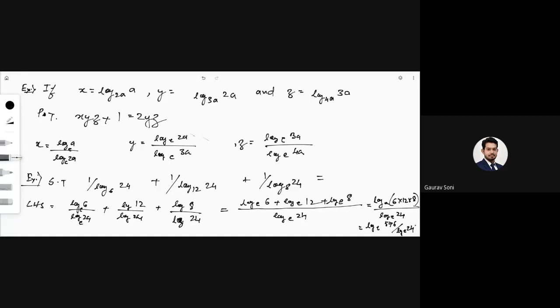So 24 into 24 is 576. So log of 24 square upon log of 24. Again use the property of log. Log 24 square is 2 log 24 upon log of 24. This log 24 will get cancelled out and the answer is 2. You just have to use the properties in a proper manner.